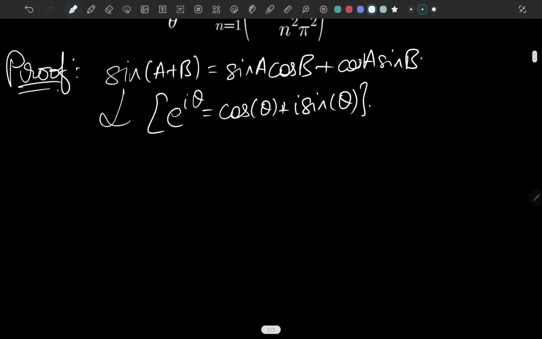Now I'm going to plug in a equals b equals theta.